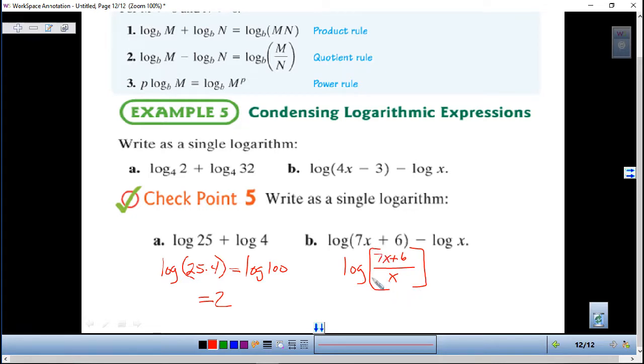Guys, you're probably wondering, do you have to put the parentheses around this? I would, always. For two reasons. One is because it's going to make for better notation. The second is, well, I know how you guys write, and it stinks for the most part. And you're just as likely to have something written with log of 7x plus 6, and then you'll draw the line in here and put over x.